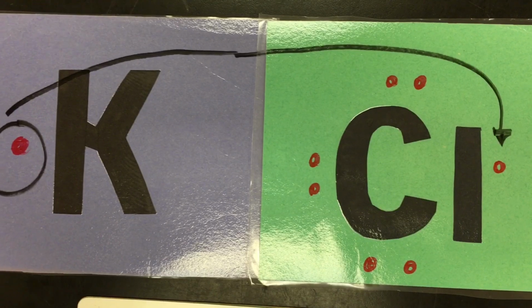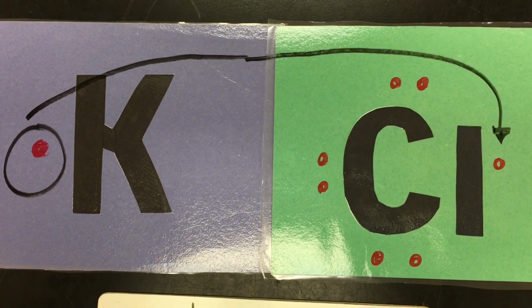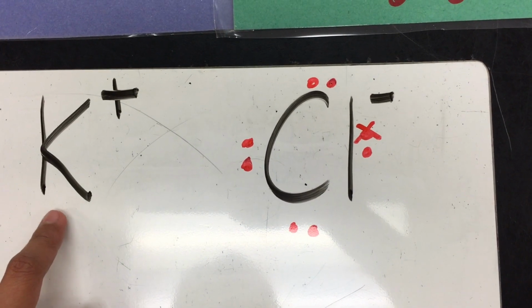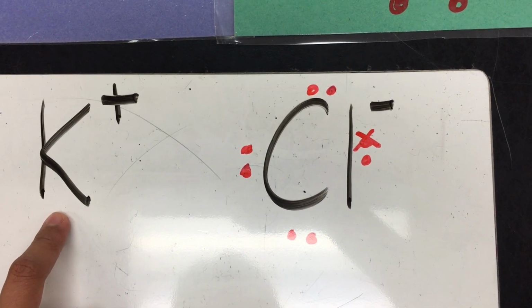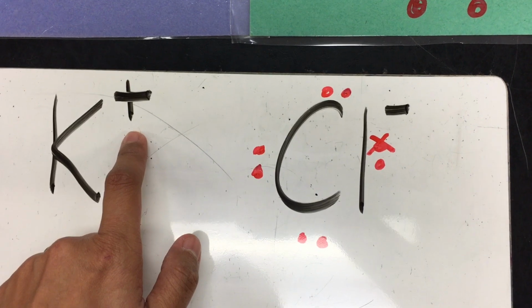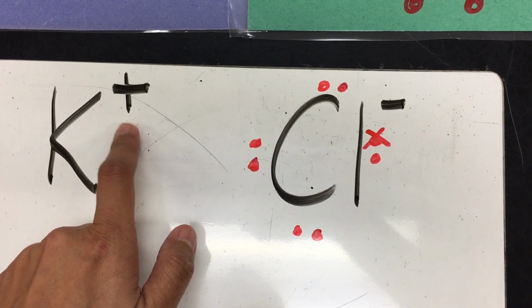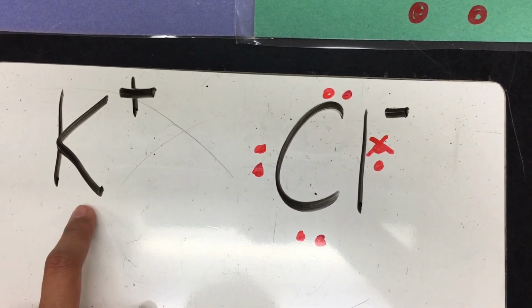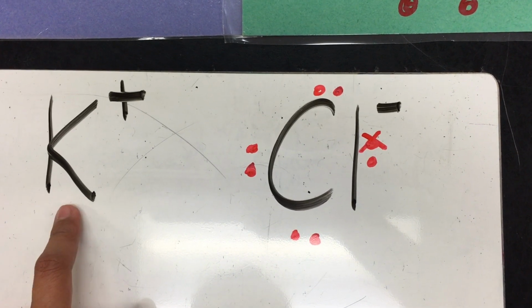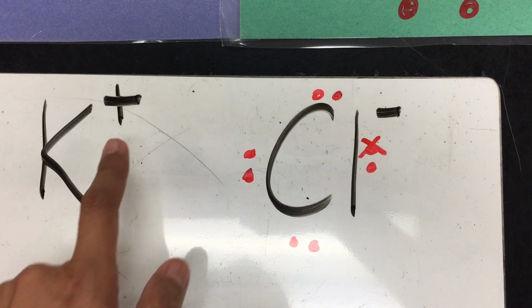So in this transfer of electron, 1 electron goes to chlorine. Your potassium, because it loses one electron, is gonna become K plus. It can be plus 1 or 1 plus. It means that your potassium lost one of its valence electrons, so it becomes K plus.